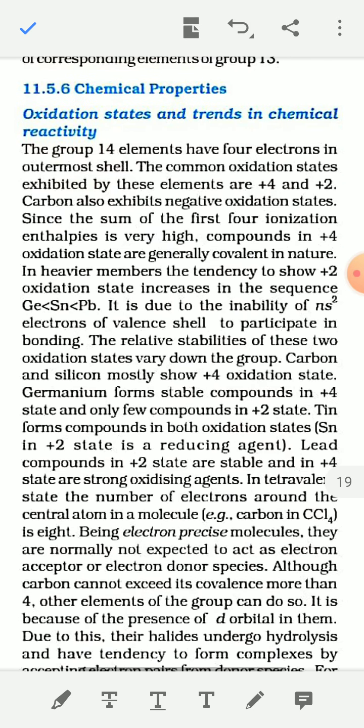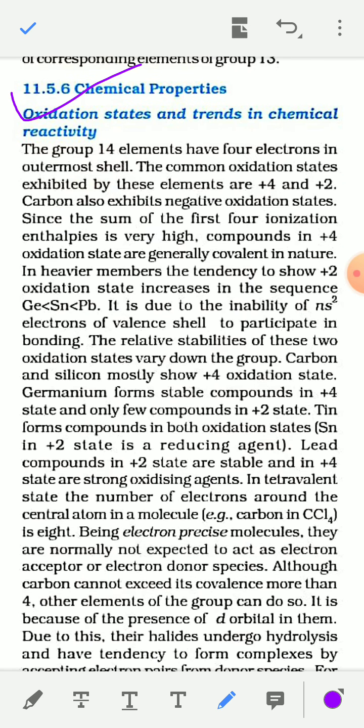Now chemical properties. They have common oxidation states. As there are 4 electrons in the outermost shell of each group 14 element, they can show +2 and +4 oxidation states. Like group 13 elements can show +3 and +1, while group 14 elements can exhibit two types of oxidation states, +4 and +2.